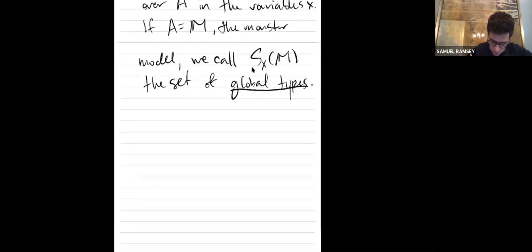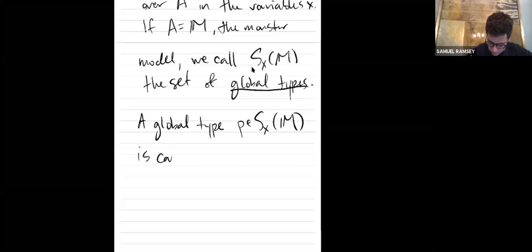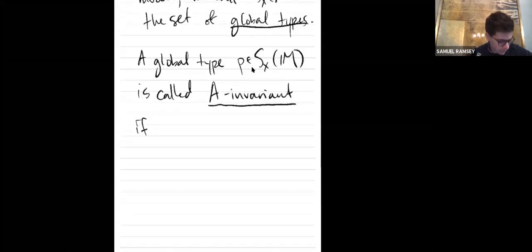So the key definition is the following one. A global type p in S_x(M) is called A-invariant if the following thing happens.